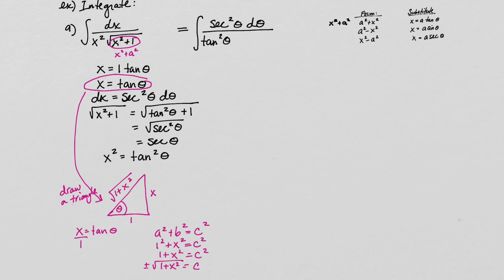And then instead of the square root of x squared plus 1, this part here, I have secant theta. So now my problem looks like this. Questions on what I did here so far?